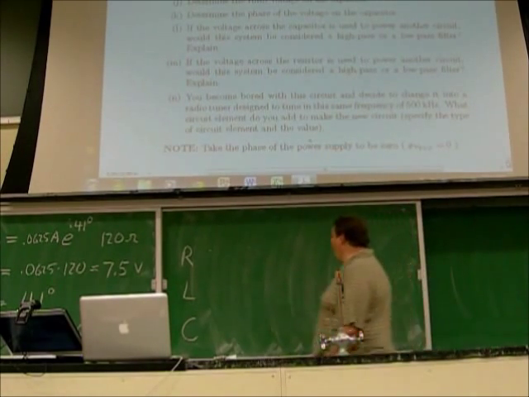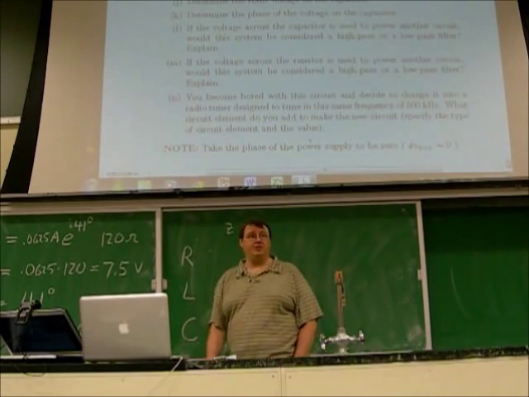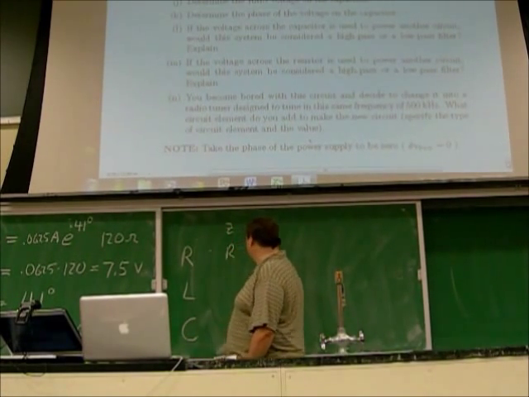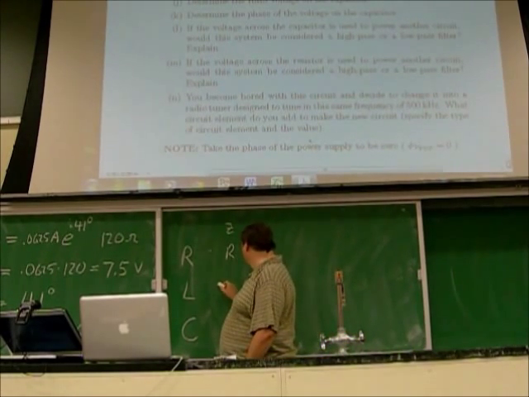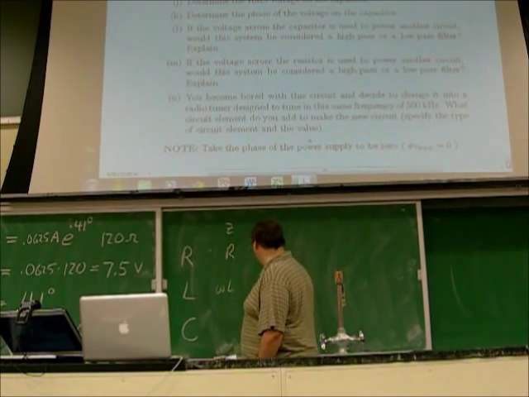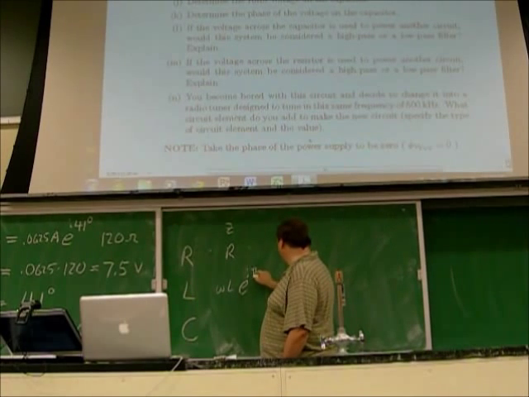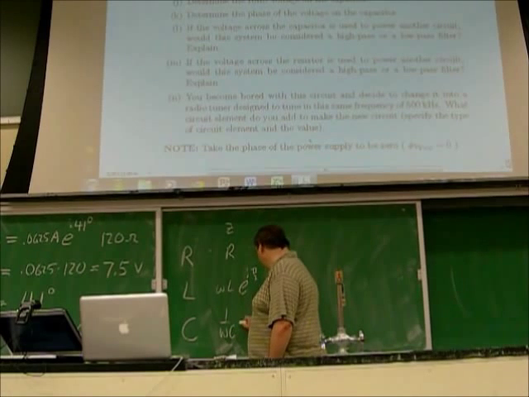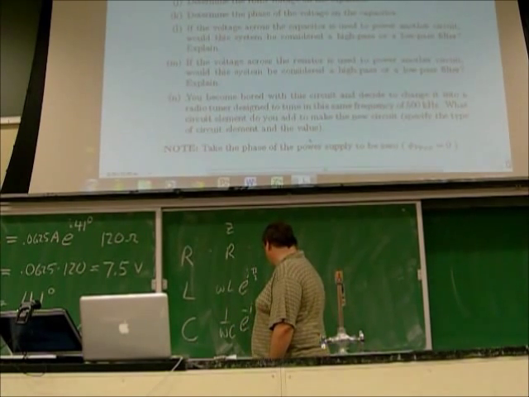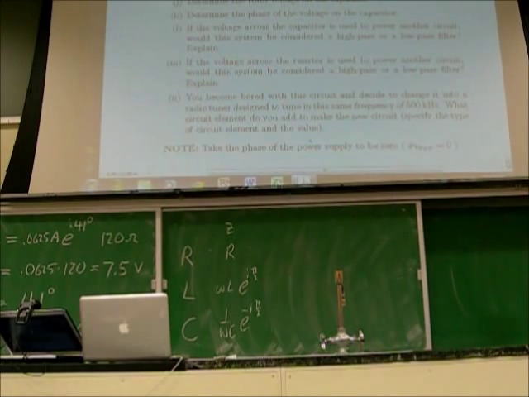And in this table, I had a Z for each one of these. For the resistor, it's R. For the inductor, it's omega L e to the i pi over 2, Euler's happy again. And for a capacitor, it's e to the minus. Everybody agree with this?